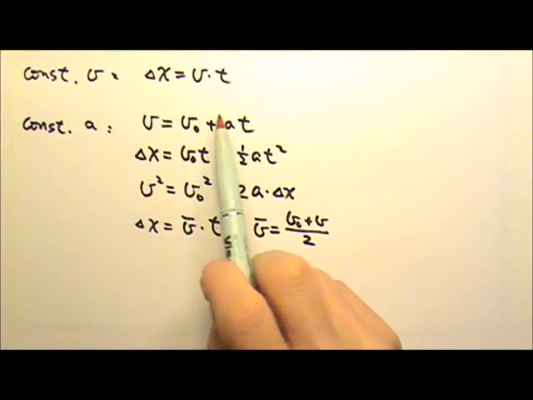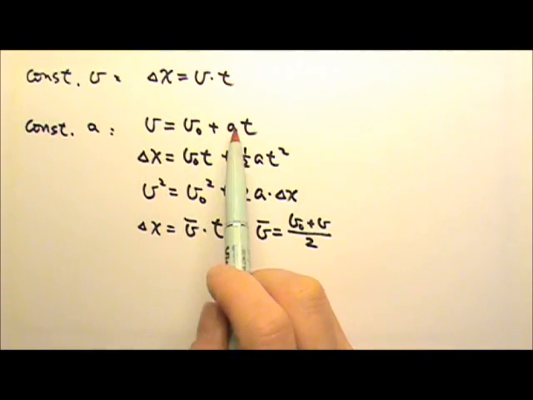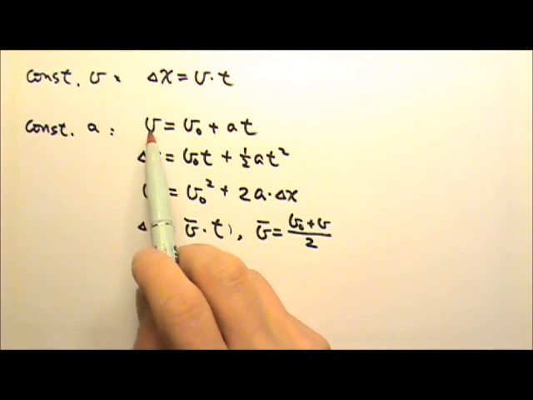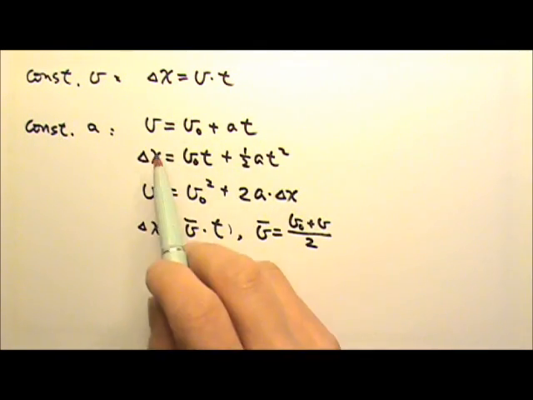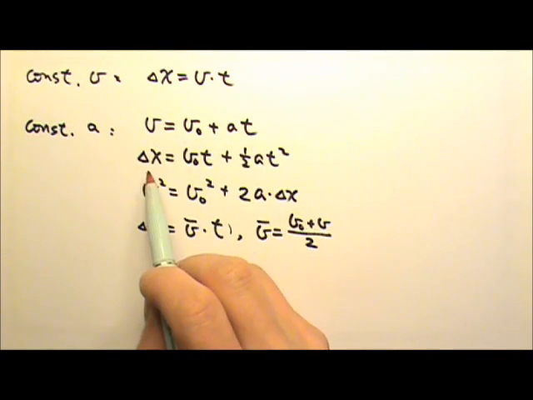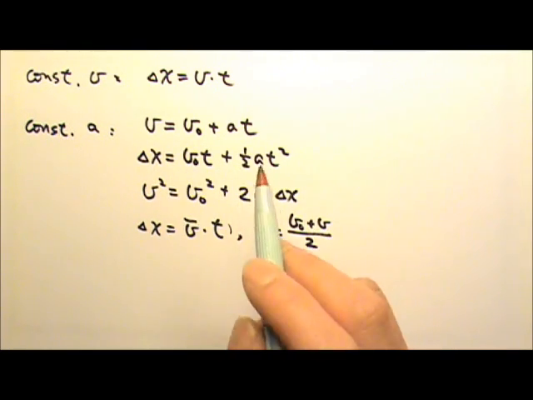If you count the number of variables we have in here, we would have 1, 2, 3, 4, and the delta x. There are altogether 5 items. And in each equation, there are 4 things involved: delta x, v0, t, and a.